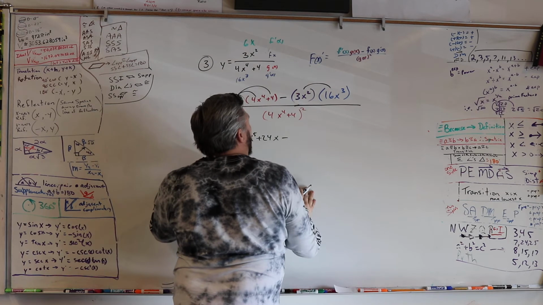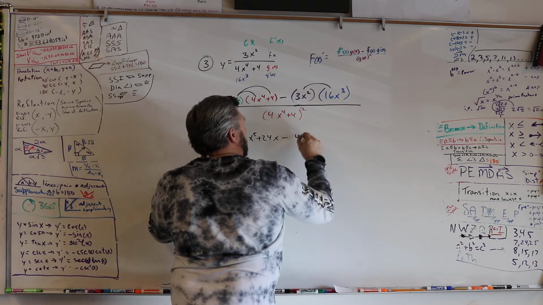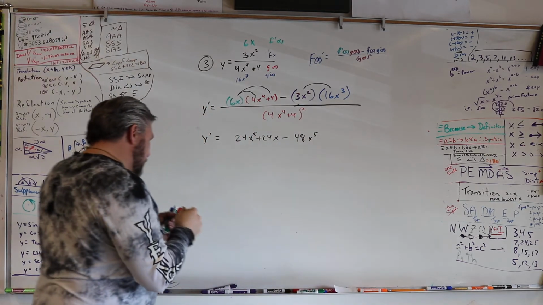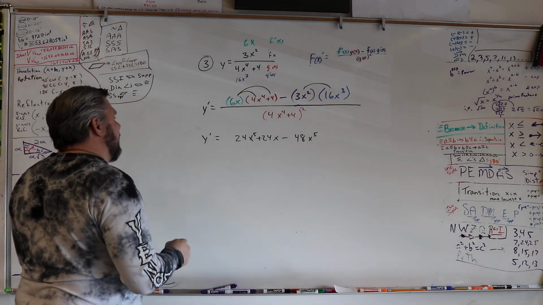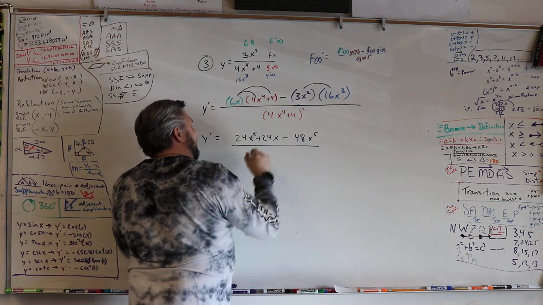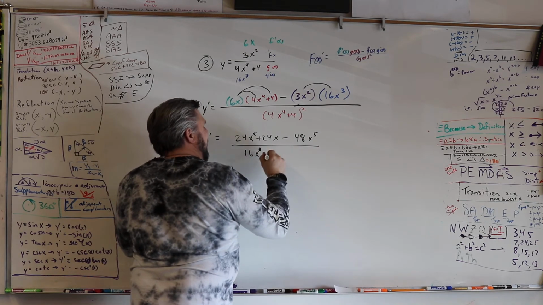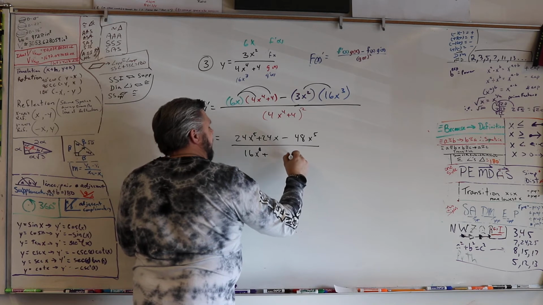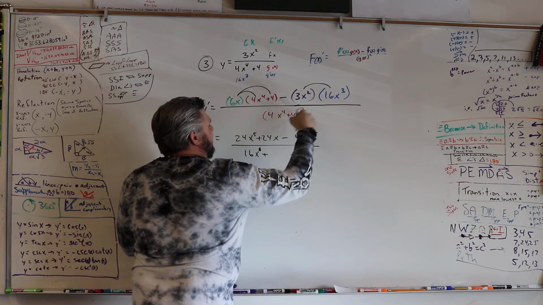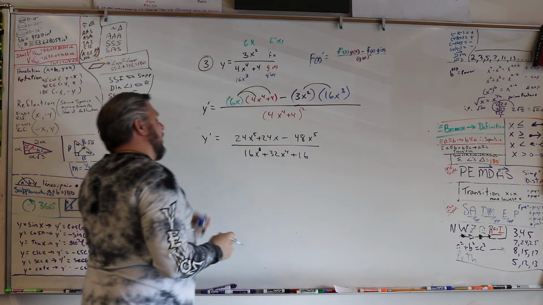Then 3 times 16 is 48, and then x to the fifth. And then let's put these together. So this is squared, so that's 16x to the 8, plus 16. And then it's 2 times 4 times 4, so 4 times 4 is 16 times 2 is 32, and then that's x to the fourth. Okay?